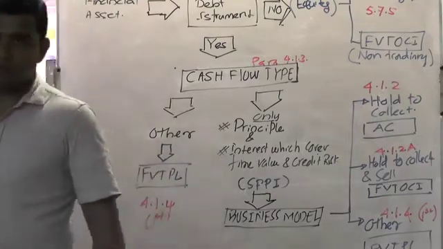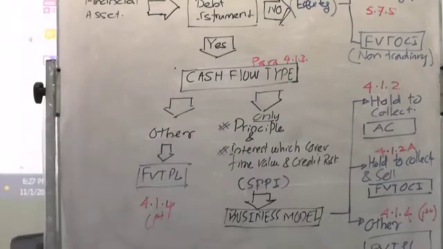Another example. I will acquire a business from you. I will pay today the purchase consideration in cash, and I agree to pay the balance after 1 year. No conditions. I will pay after 1 year. That consideration is called deferred consideration.